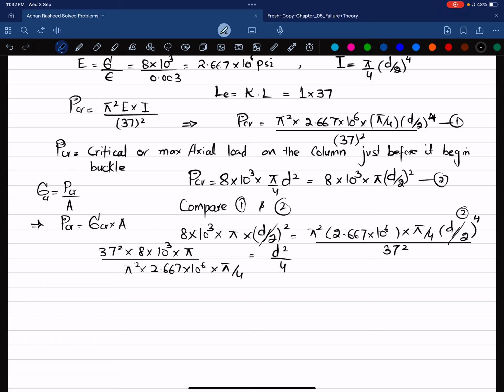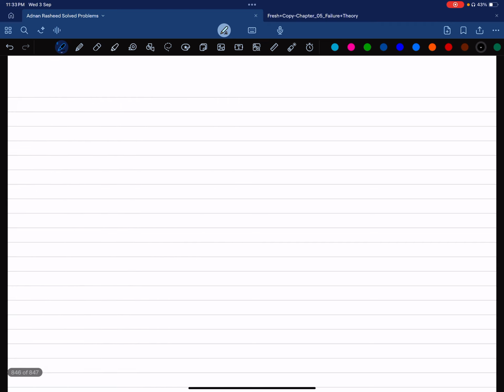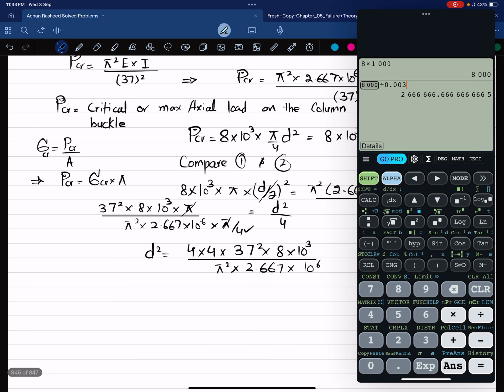And this d square will be equal to 4 multiplied by 4 multiplied by 37 square multiplied by 8 into 10 raised to power 3, divided by pi square multiplied by 2.667 into 10 raised to power 6, and this pi will cancel with this pi. Now we will solve it.